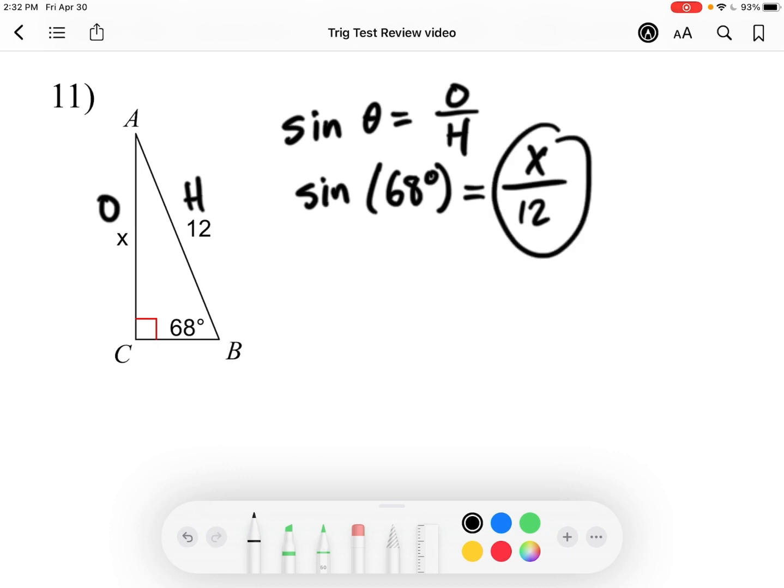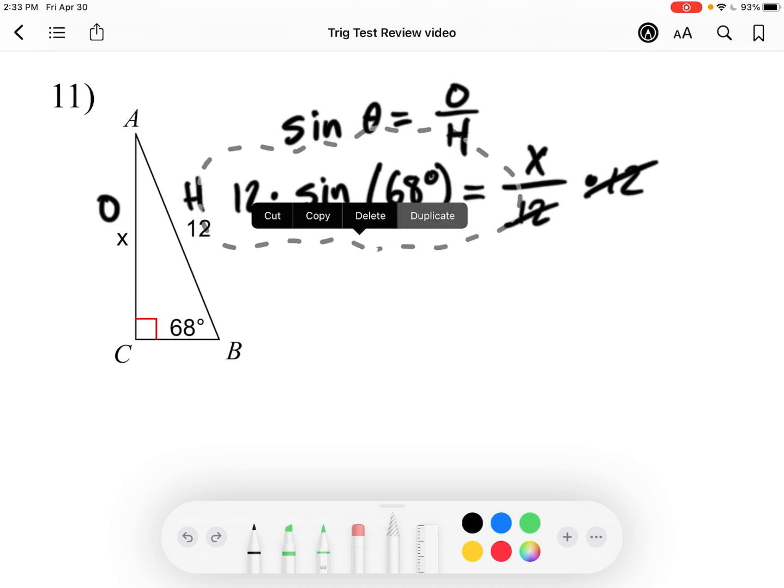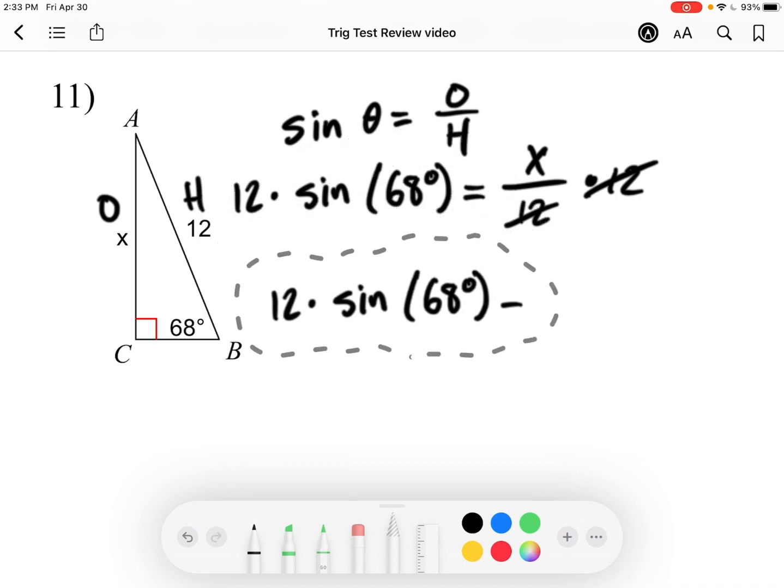To get x by itself on this right side, we're going to multiply both sides by 12. When you have a fraction and you multiply it by the denominator, the denominator gets canceled out, and you're left with just the numerator, right? So we're left with 12 times sine of 68 degrees is equal to x.